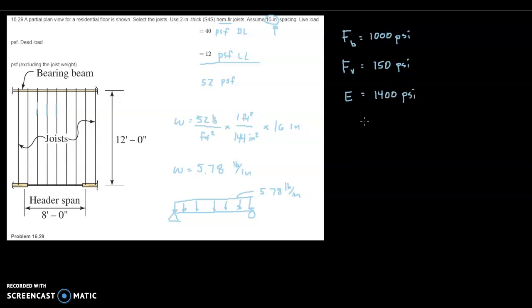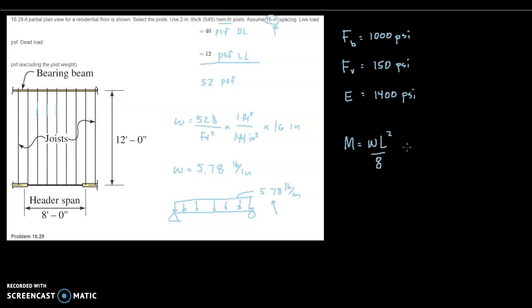Okay, so let's start by calculating the moment. So what moment is going to be caused by this uniformly distributed load? It is uniformly distributed, so the formula for that is WL squared over 8.